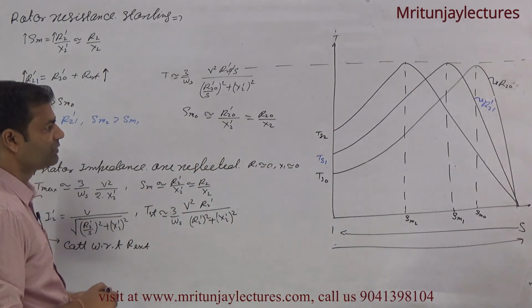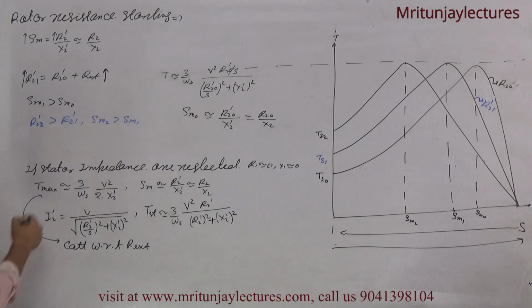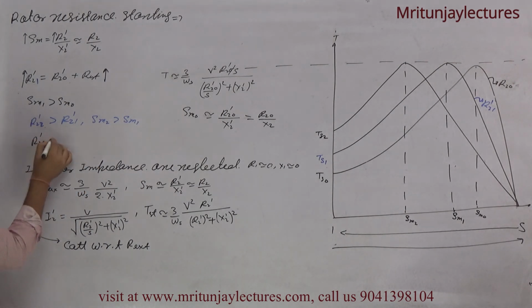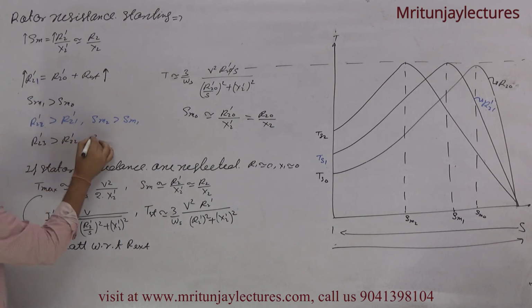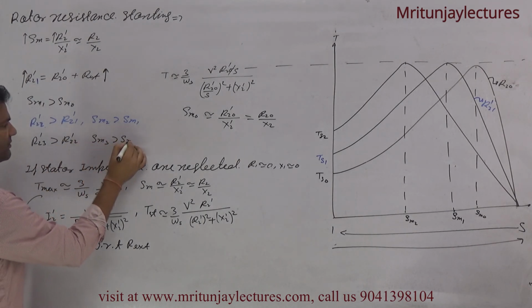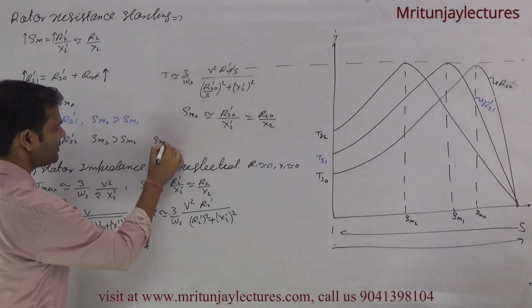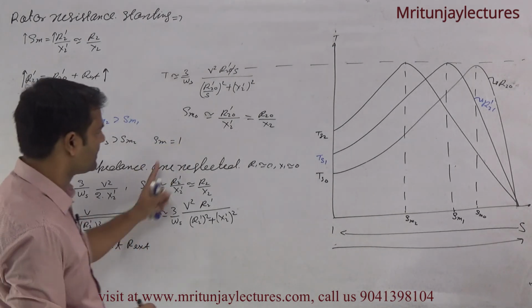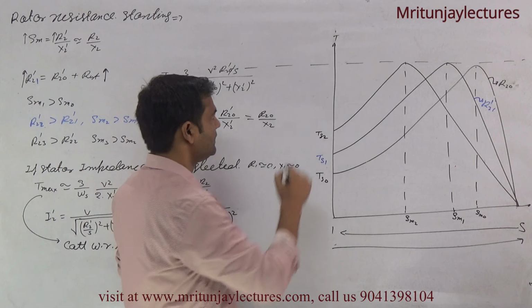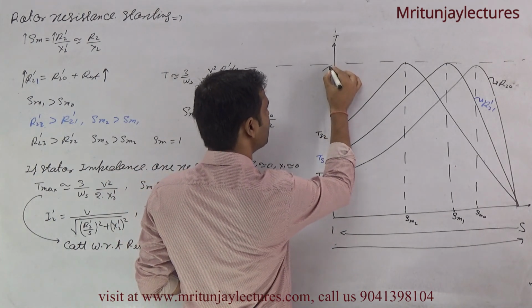Now once again, in a special case, if external resistance is added again, SM3 is greater than SM2. Suppose SM corresponds to 1, like this.